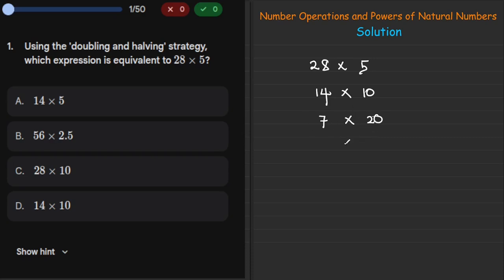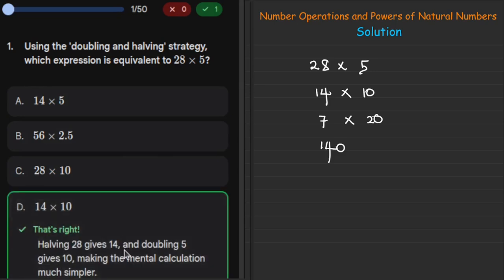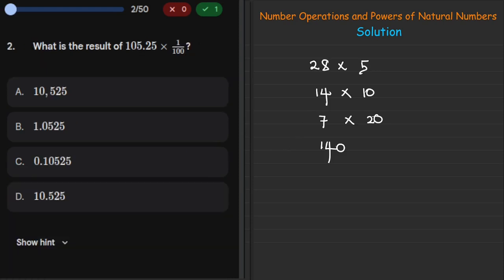From here you can also apply other strategies, such as 7 times 2, giving us 14, then we just add a 0 to it. Among all these that we've done, which do we see present over here? That is D, 14 times 10. So we have halved 28 and doubled 5. As simple as that. Let's look at our next question.